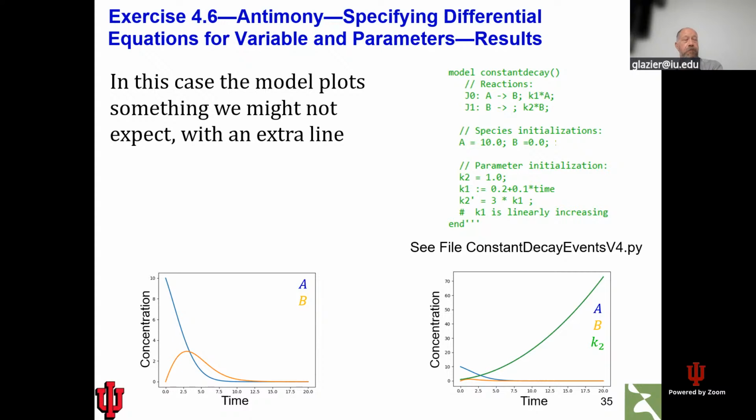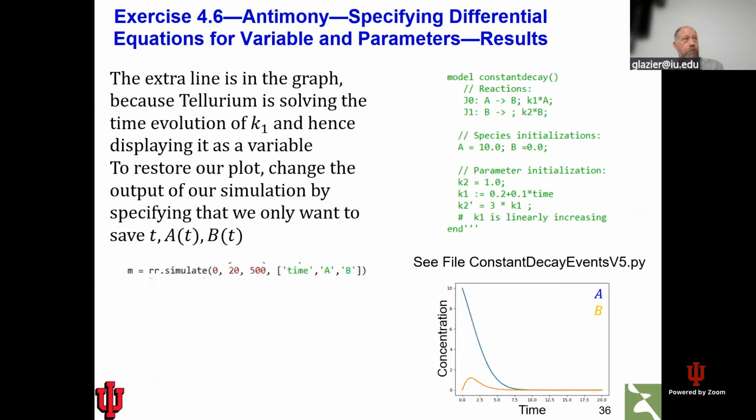Okay. And so if I don't want to plot the K2 prime, then I'll have to do the column selection, or I'll have to use a different plot function.